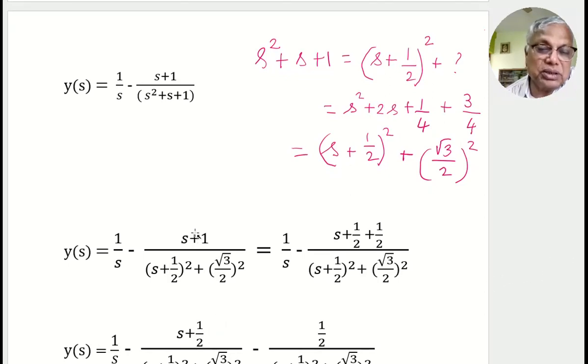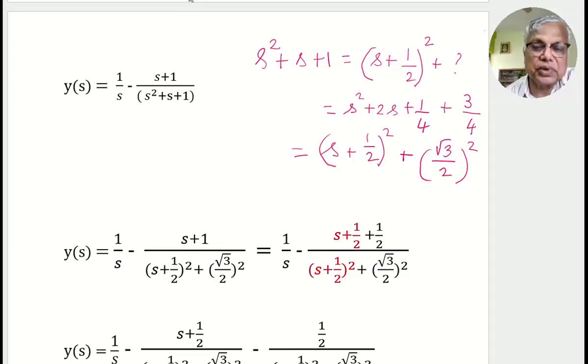The next step, the numerator is S plus 1. How do we do this? I am going to make the numerator also similar to the denominator, S plus half.